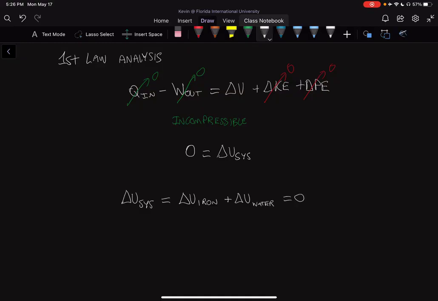We can say that it's still equal to 0, and we can rewrite it in terms of mass and specific internal energy. So we would have mass of iron multiplied by U2 minus U1, plus the mass of water multiplied by U2 minus U1 for water. So this is for iron. I'll put an I and W for water. Okay, so I is iron, W is water.